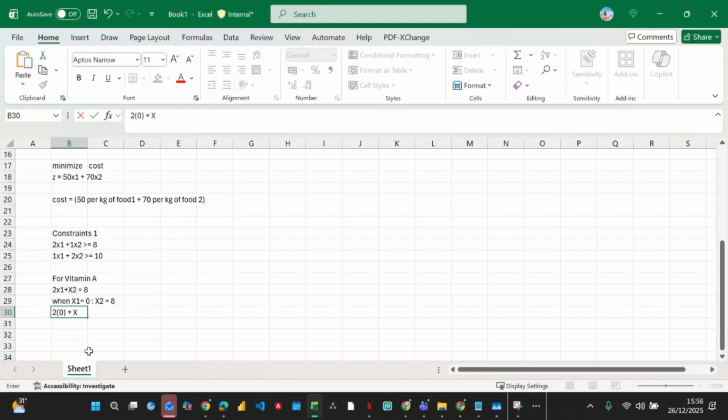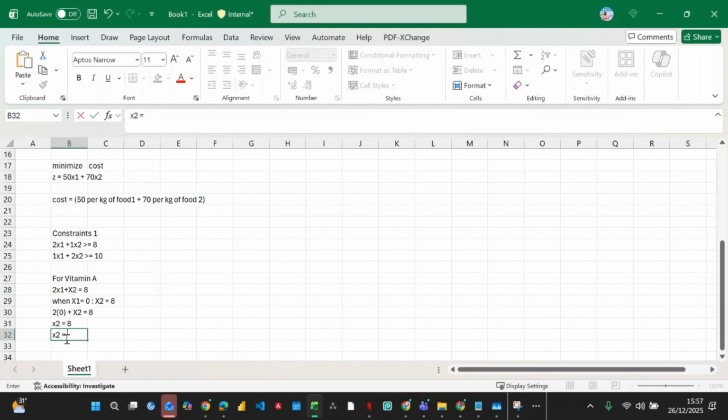Remember, I said when x1 is equals to 0, so x1 is 0, right? 2 times 0 is 0, nothing is there. Plus x2, just x2. X2 is equals to what? 8. You understand? That's what it means. So 2 times 0 is 0, then x2 is now equals to 8. That is why we now have that 8 there. Do you understand now? As simple as banana.